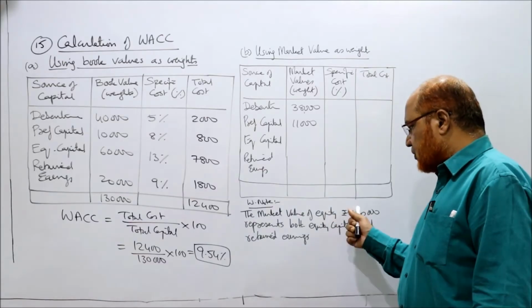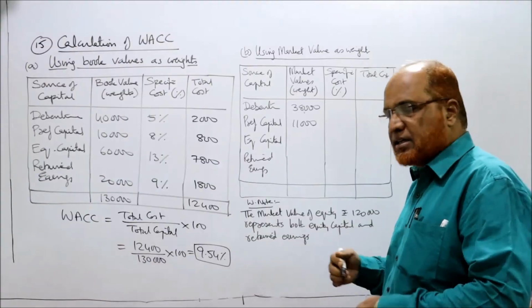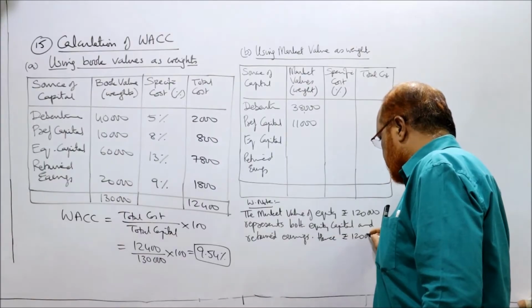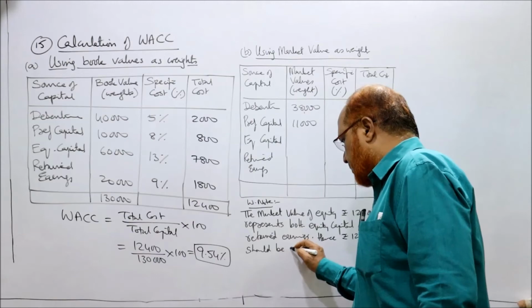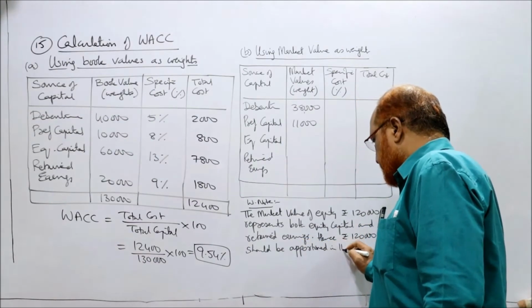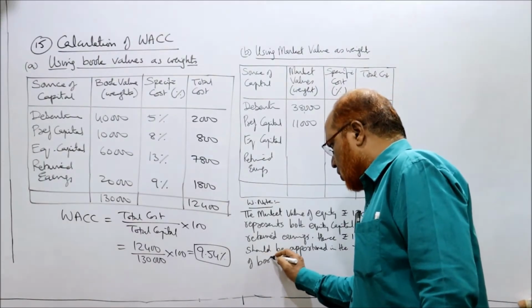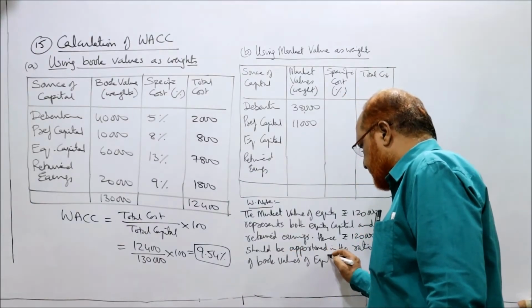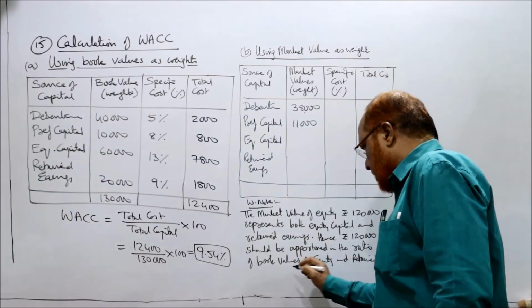Hence, rupees 1,20,000 should be apportioned in the ratio of book values of equity and retained earnings.